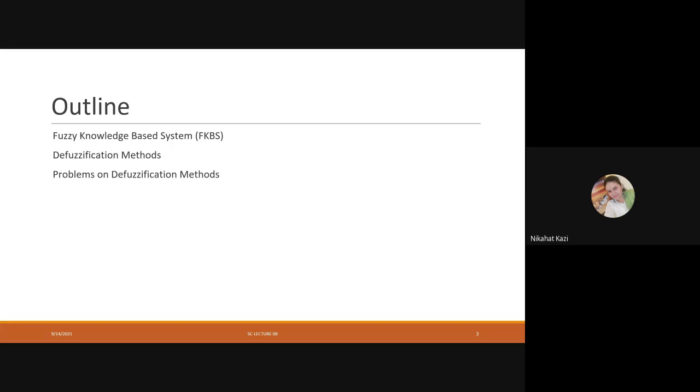You are going to apply this architecture to solve a problem based on fuzzy set theory. We'll be seeing one such component today, that is defuzzification. First, let us talk about what a fuzzy knowledge based system is, and then we'll talk about defuzzification.